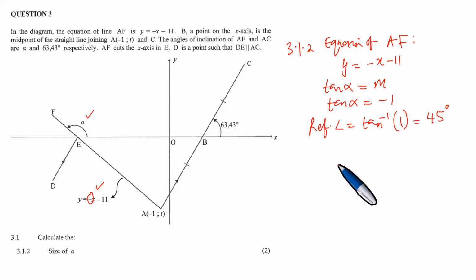So what is the angle alpha? We look at the CAST diagram like this. In which quadrant is the tan negative? You realize that the tangent is negative in two quadrants: it is negative in the fourth, but also negative in the second quadrant.